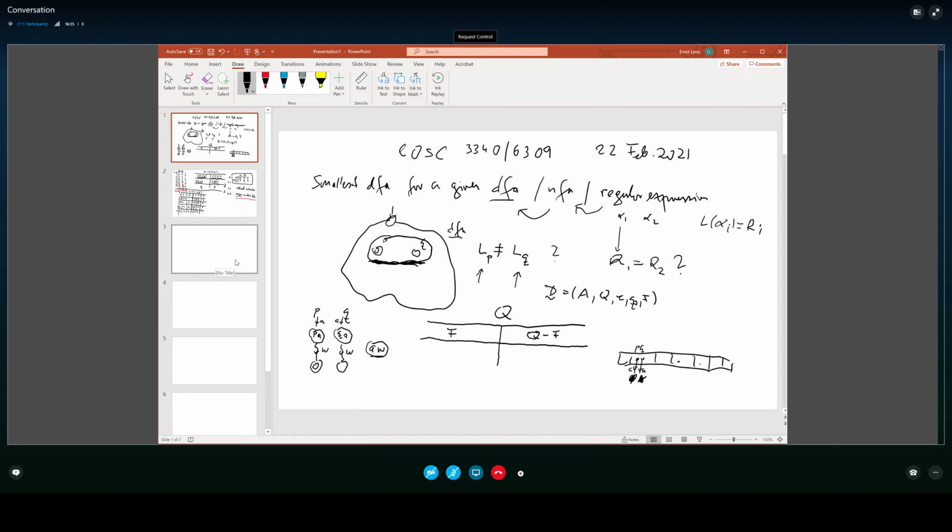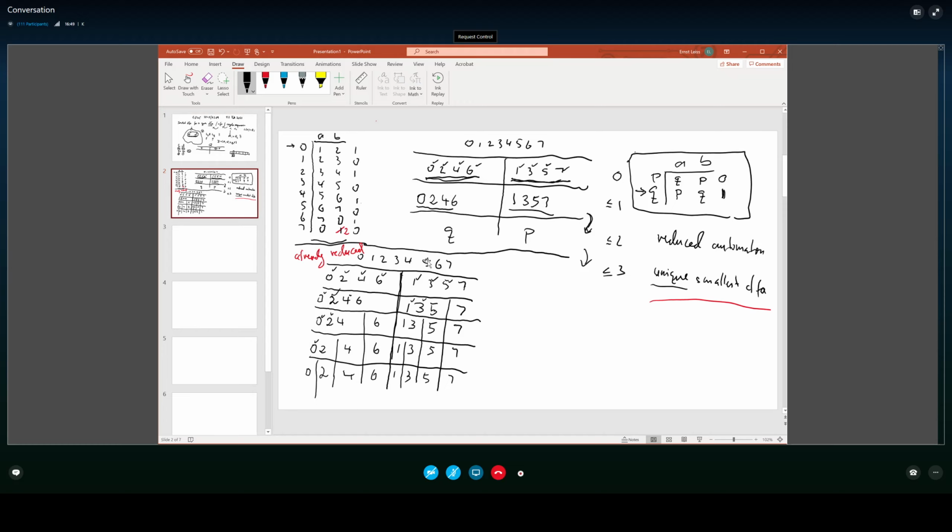Professor? Yes. Without spending too much time on it, would you provide again a definition of what renaming of states is? Because I missed that. Oh, this is kind of trivial. If I call these states 0, 1, 2, 3, 4, 5, 6, 7, and then call them Q0, Q1, Q2, up to Q7, then nitpickingly, mathematically, these would be different states. Okay, that's all it is.